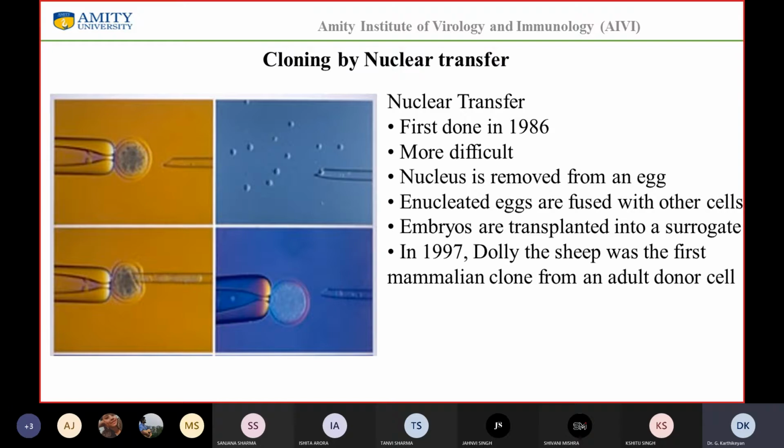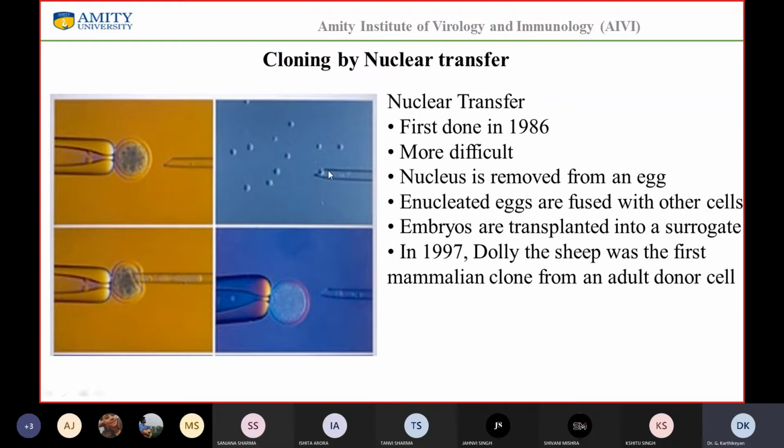This needle is a very fine needle, so you can puncture the egg and remove the nucleus, and then you can come back with the nucleus from another one and inject it into the enucleated egg.